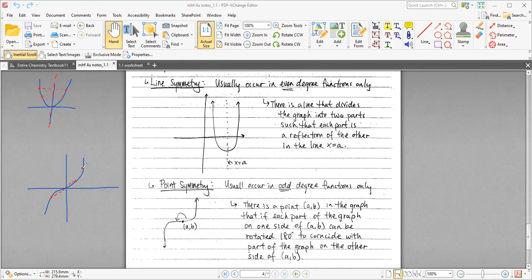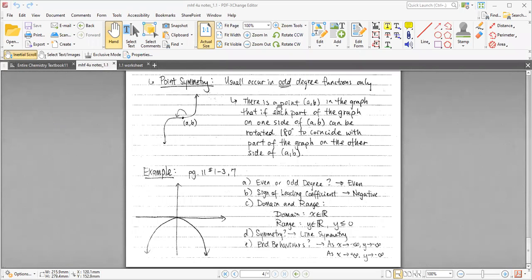Any point you choose here, you connect it to this 0, 0 point, you continue the same distance, you get the other half of the graph. So this is symmetric with respect to 0, 0. It has a point of symmetry. Here, the point of symmetry is 0, 0. This is like this one, the point of symmetry here is this point, and when you reflect with respect to this one, you get the other half of your graph. This is a point of symmetry.